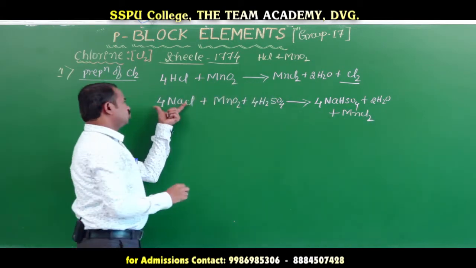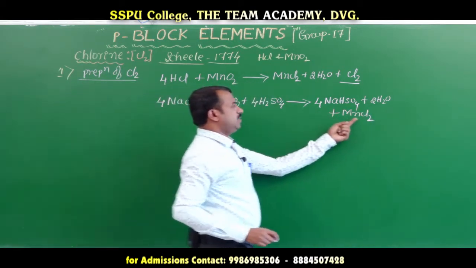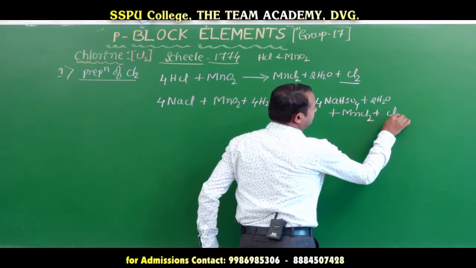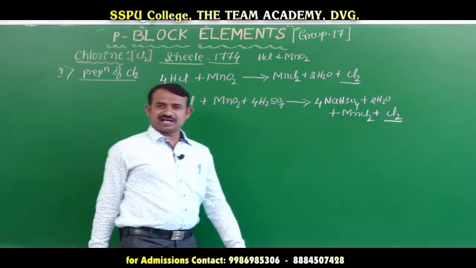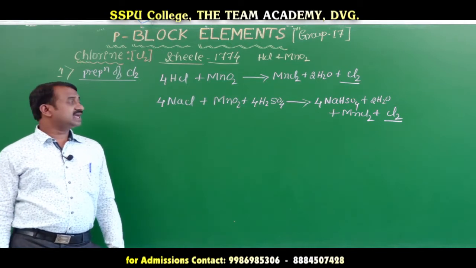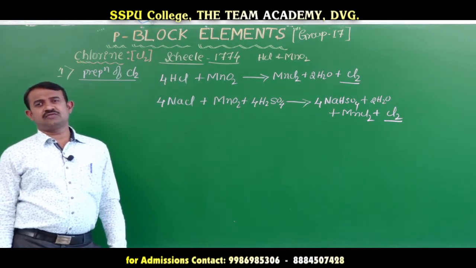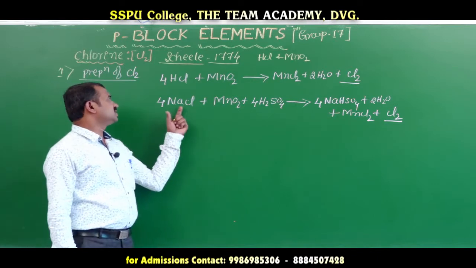Total 4 Cl are there: 2 in MnCl2 and the rest released as chlorine gas. This is the second method of preparation of chlorine.